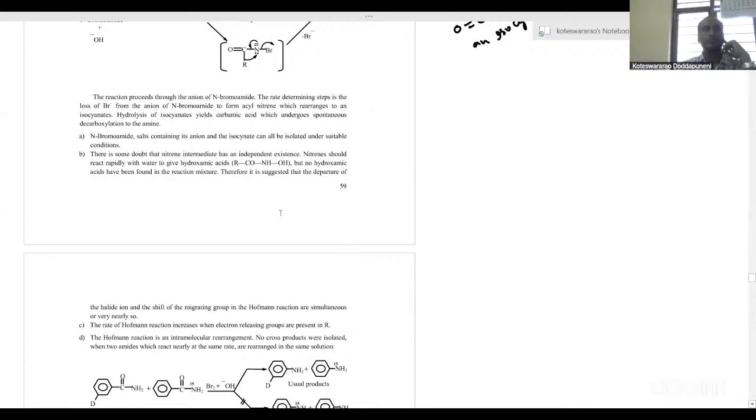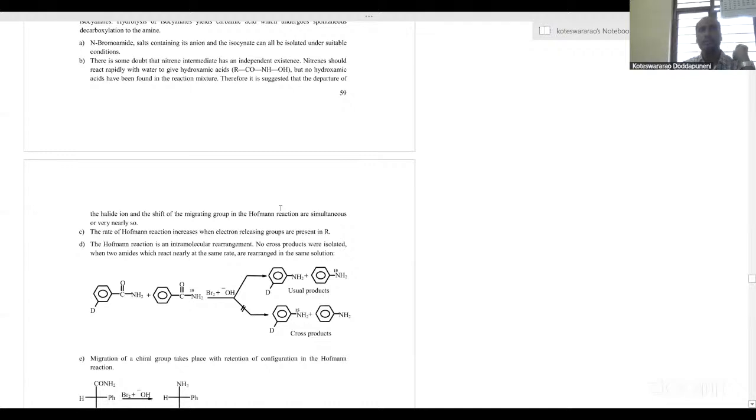The reaction proceeds through the anion of N-bromamide. The rate determining step is the loss of bromide ion from the anion of N-bromamide to form acyl nitrene, with rearrangement to form the isocyanate intermediate, which on hydrolysis leads to the formation of carbamic acid, which on spontaneous decarboxylation leads to the formation of the amine.